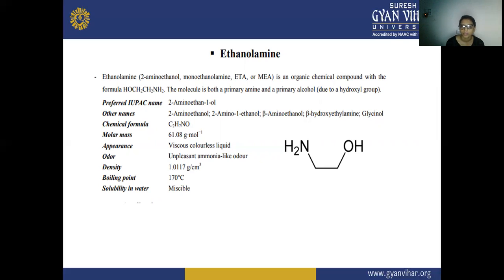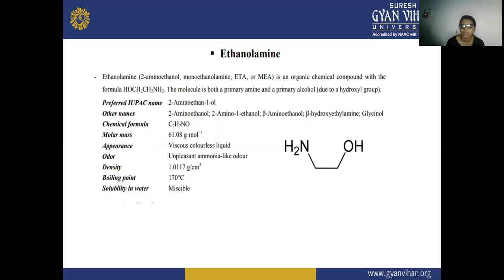So this ethanolamine has several names: 2-aminoethanol, monoethanolamine, ETA, or MEA. It is an organic compound with the chemical formula HOCH2CH2NH2, and as you can see, this molecule is both a primary amine as well as a primary alcohol.